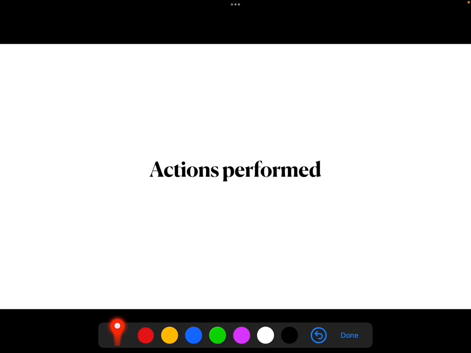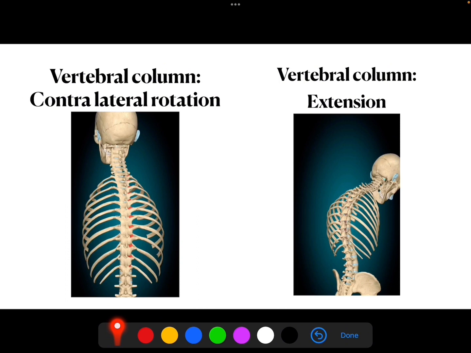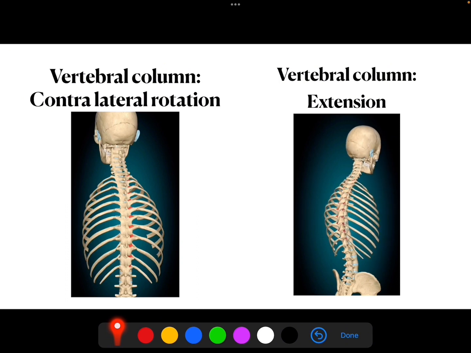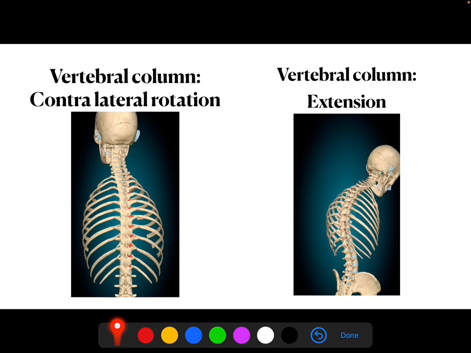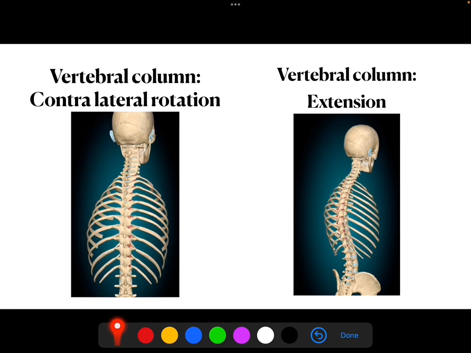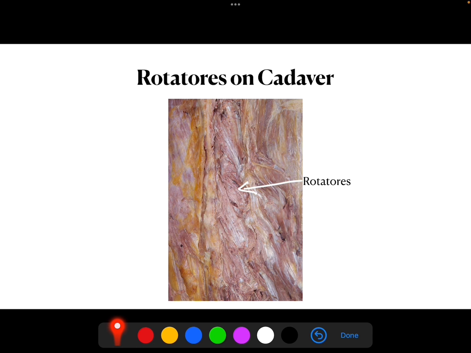Actions performed by this muscle: extension of vertebral column, contralateral rotation of the vertebral column. This is what it looks like on the cadaver.